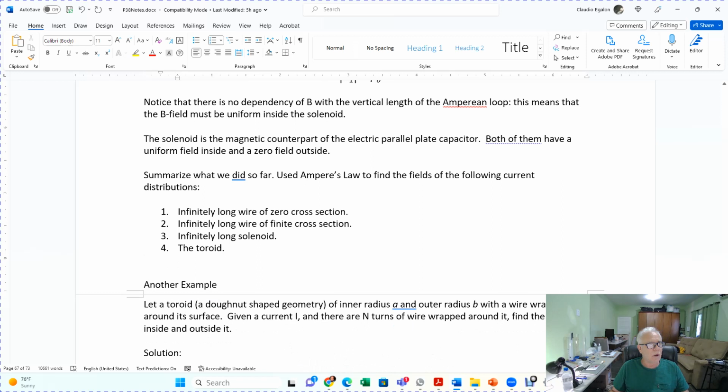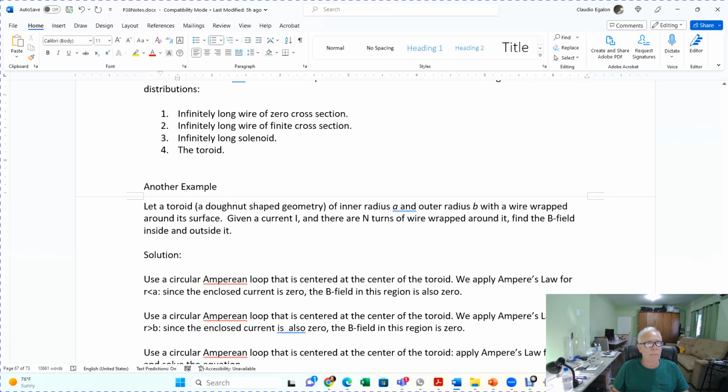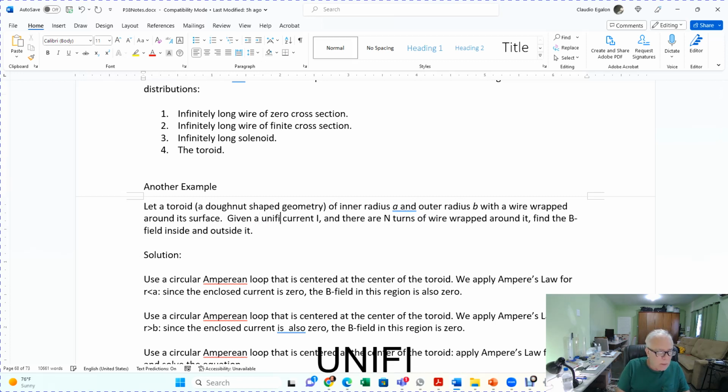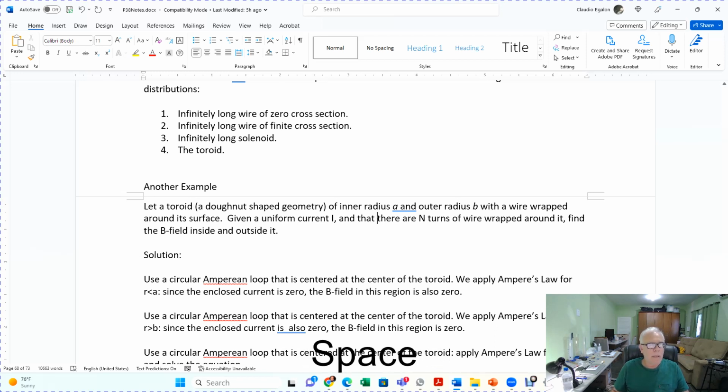There's a toroid of inner radius A and outer radius B with a wire wrapped around its surface. Given a uniform current I, and that there are N turns of wire wrapped around it, find the B field inside and outside it.